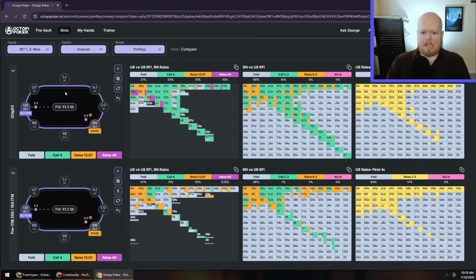And as long as we keep that risk premium element in mind, it really helps us approximate ICM spots a lot better, because risk premium is very simply a measurement of the asymmetry between the upside of winning and the downside of losing. So if we can estimate our risk premium, since calculating it's not really feasible, then we're going to do a pretty good job of arriving at strategies that are fairly close to what they should be.